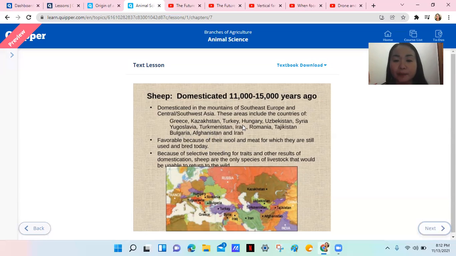So in this Mediterranean area, they are favorable because of their wool and meat for which they are still used and bred today. Because of selective breeding for traits and other results of domestication, sheep are the only species of livestock that would be unable to return to the wild, no?